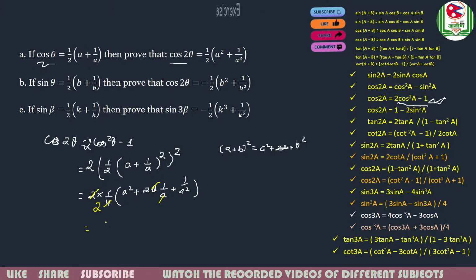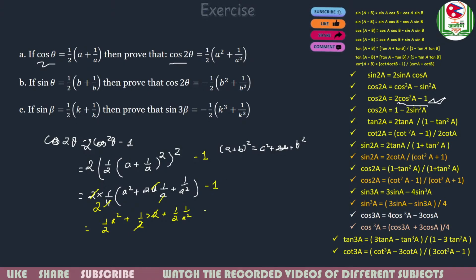So it is 1 by 2 into a square plus 1 by 2 into 2 plus 1 by 2 into 1 by a square, and there is also minus 1.